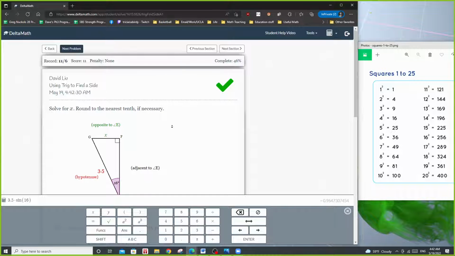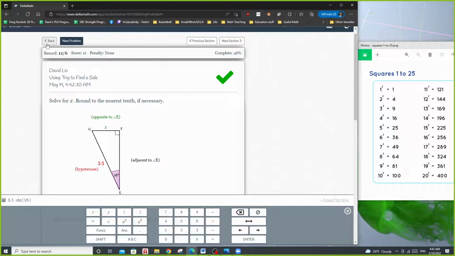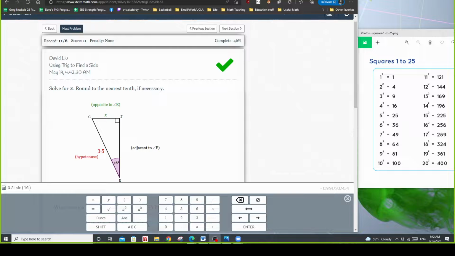Alright, so those are the only 2 examples I will show for this. You should follow the steps, okay? I'll write out the steps though. One is, what sides are you given?